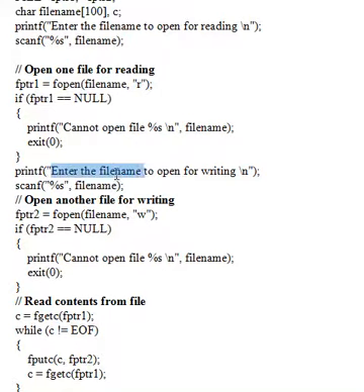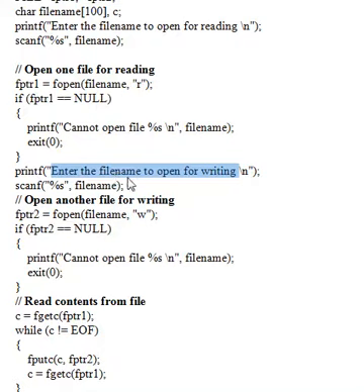Next, by using the printf function I am asking to enter the file name to open for writing. That means here I am asking to enter the second file, that is the destination file in which we want to store the data. So it is asking to enter the file name to open for writing.